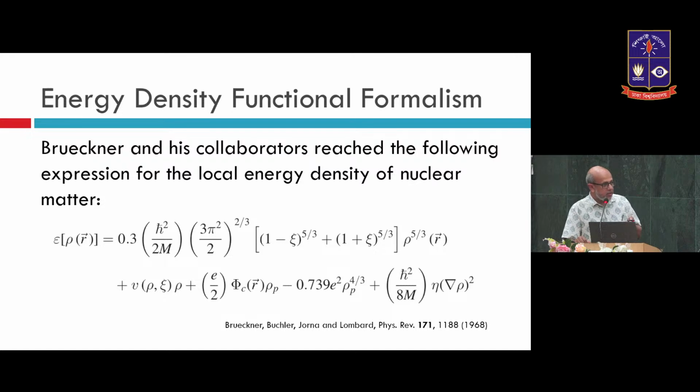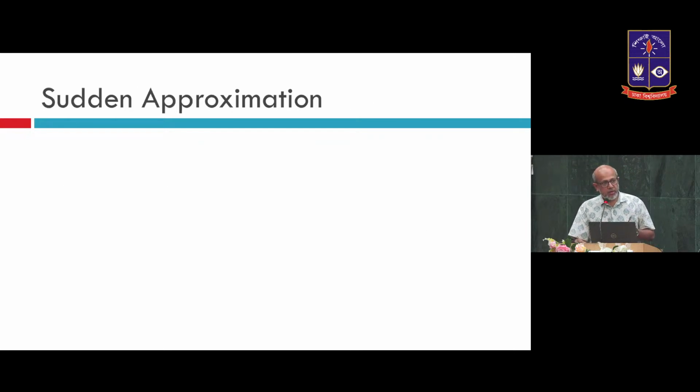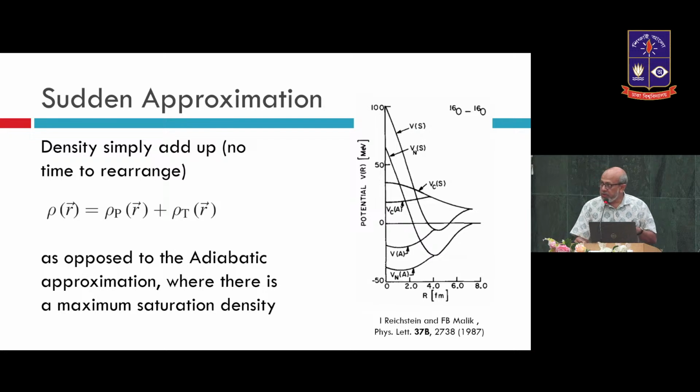So if you look here, the potential goes monotonically down, which is the usual thing that we know. That's in the adiabatic approximation. But in the sudden approximation, when you try to overlap, you get a repulsion. So there is a repulsive core, which is kind of a key to what we will all be talking about.